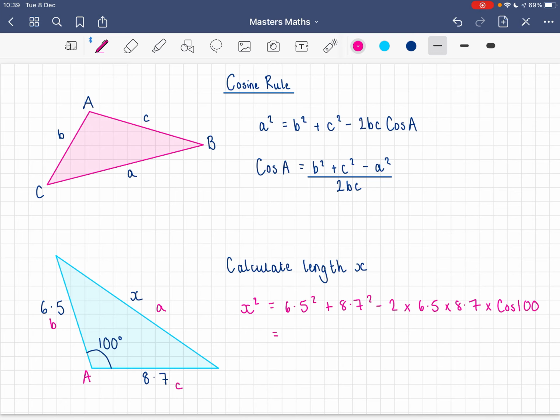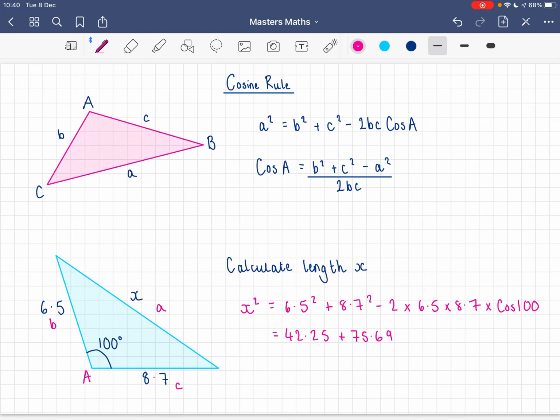So I'm going to do 6.5 squared is 42.25. I'm going to do 8.7 squared is 75.69. And then 2 times 6.5 times 8.7 times cos 100 is negative 19.6396, and so on.